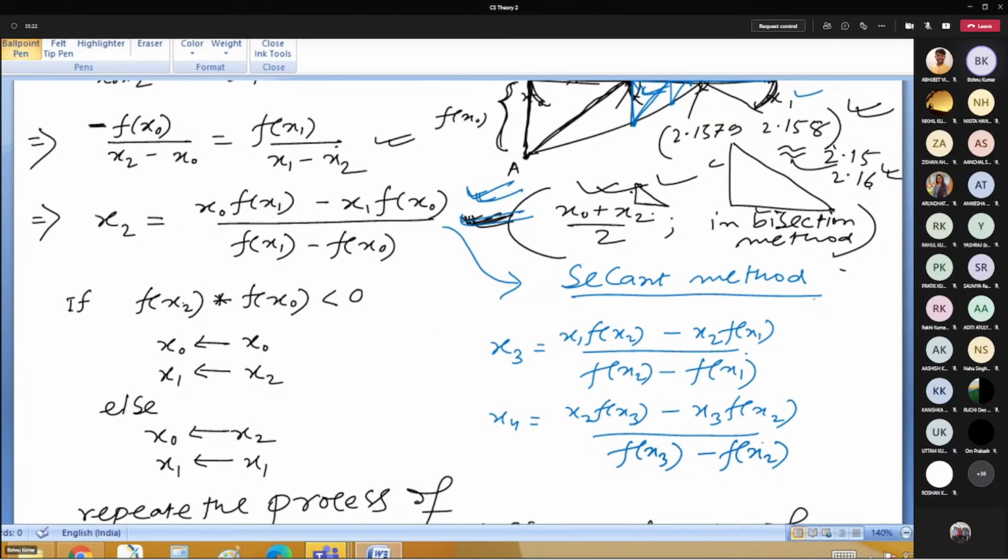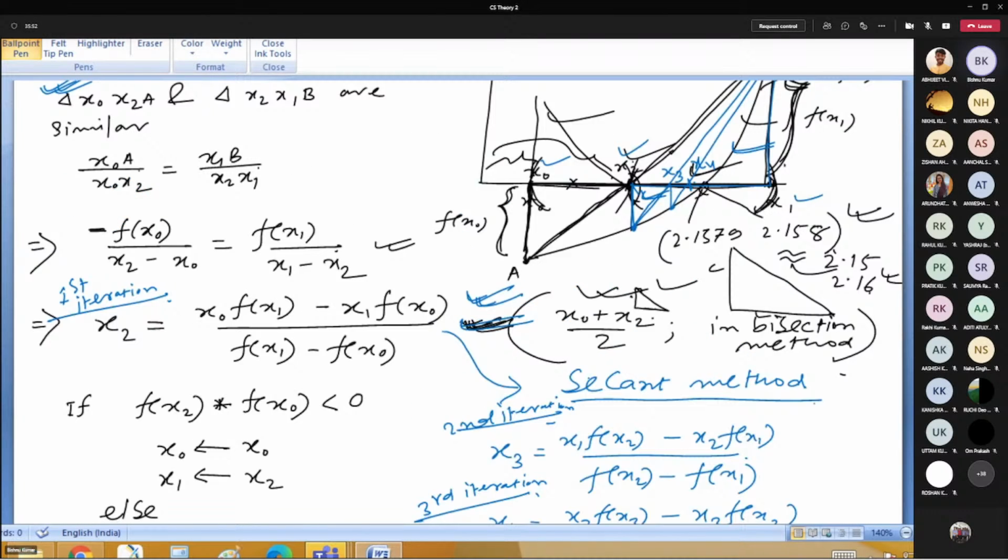This is the first iteration, second iteration, third iteration. In this step by step iteration process, you are approaching the solution where the graph cuts the x-axis.